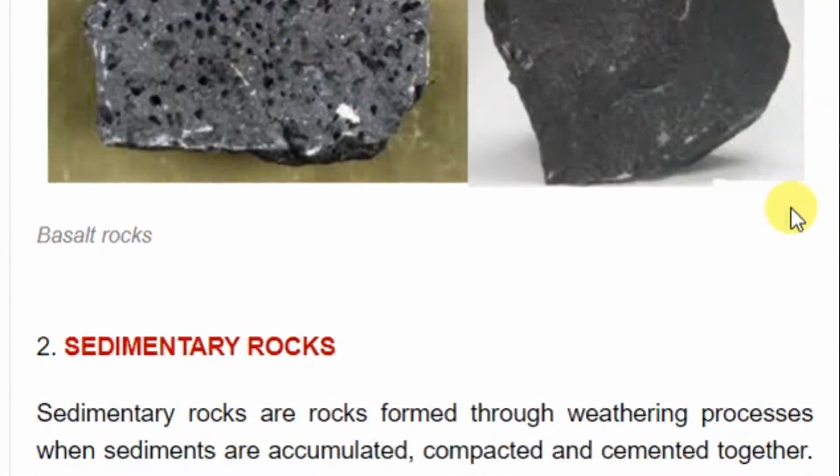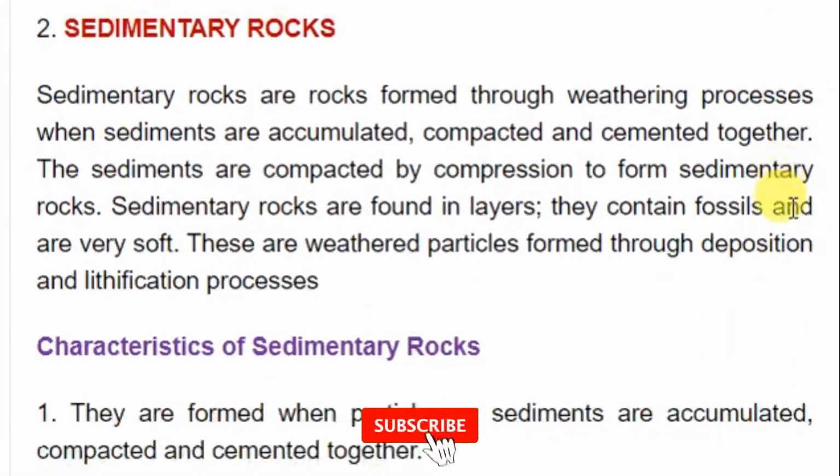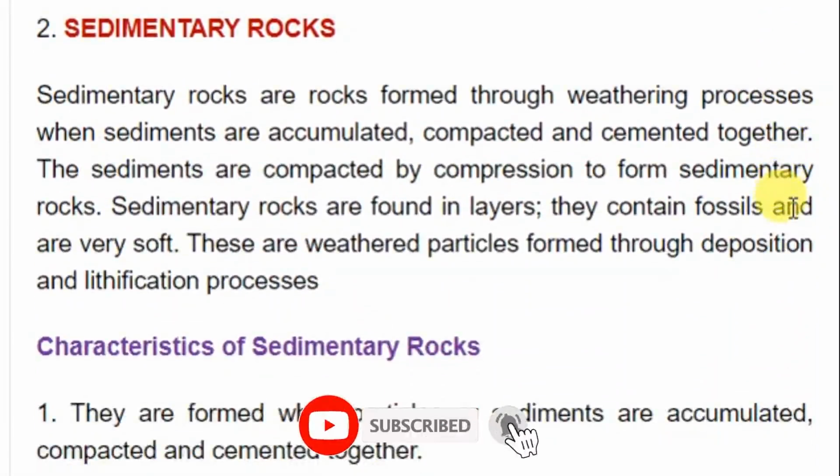Now from there we have finished the igneous rock, and then let's move to sedimentary rocks. Sedimentary rocks, as the name suggests, come from sedimentation. Sedimentation means accumulation, collection of things.